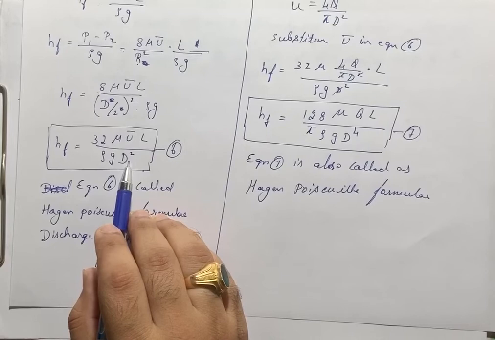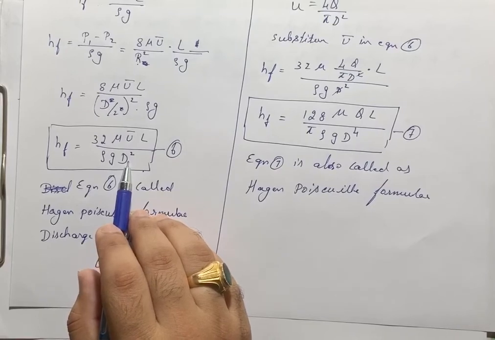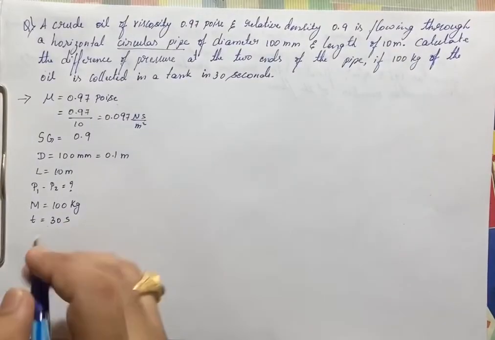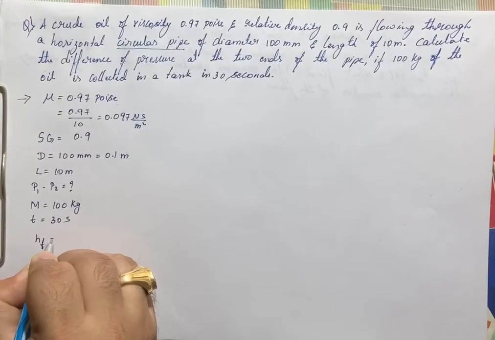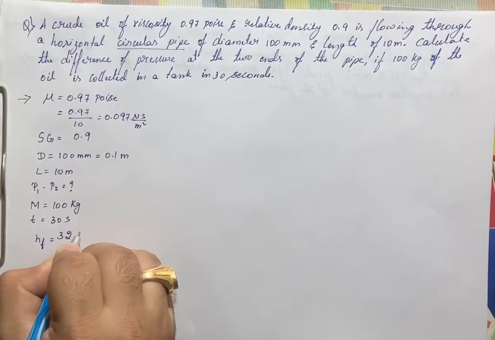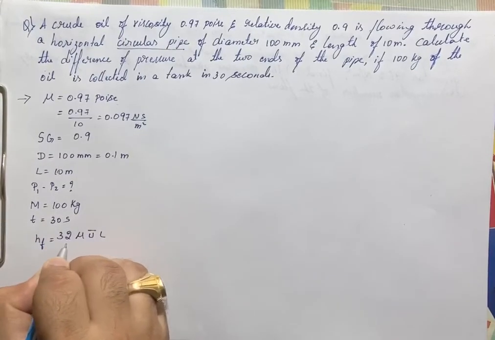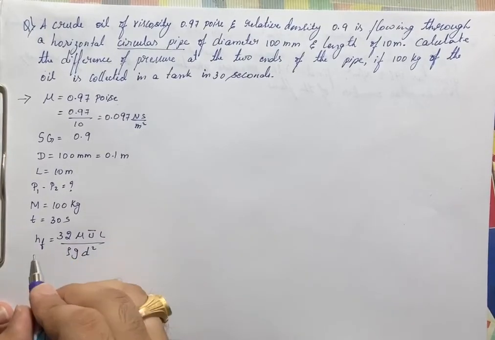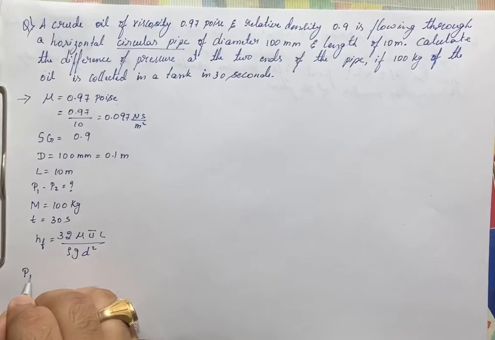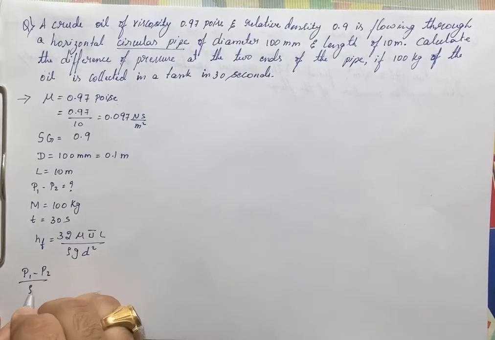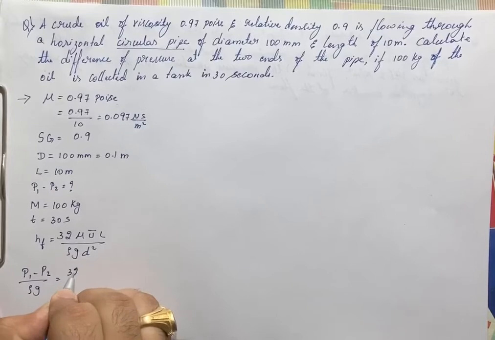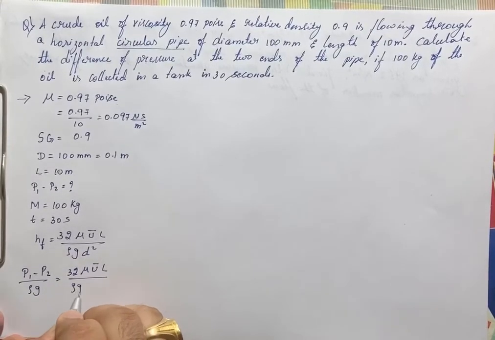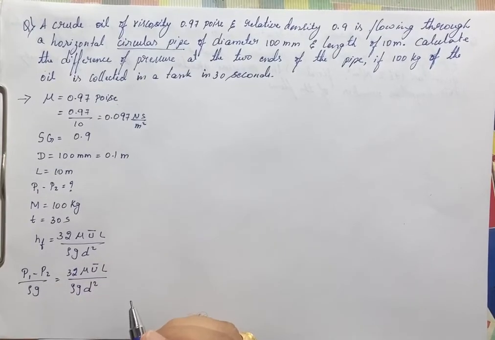I'll write this equation, that is HF is equal to 32 mu u bar L divided by rho g d square here, right? Now what is HF? HF is nothing but P1 minus P2 by rho g is equal to 32 mu u bar L divided by rho g d square, right?